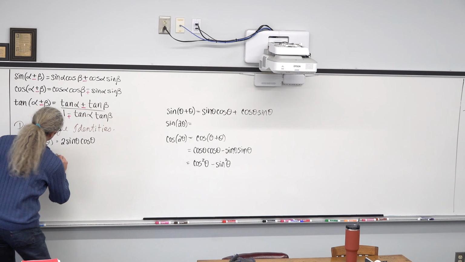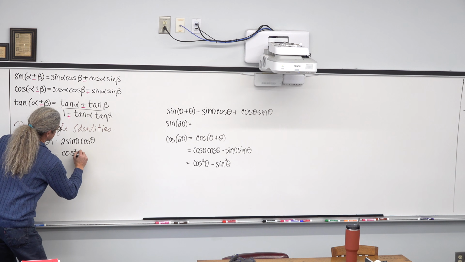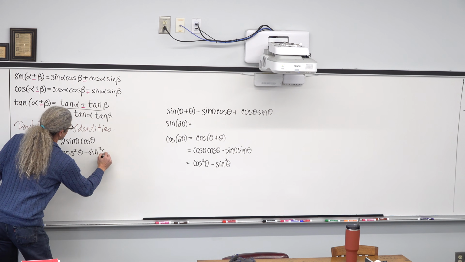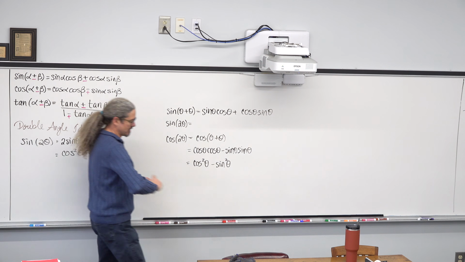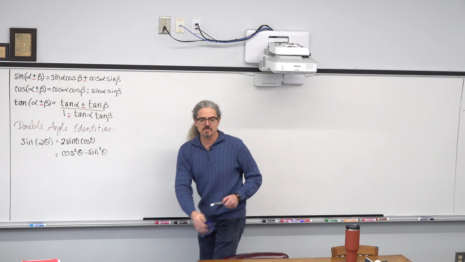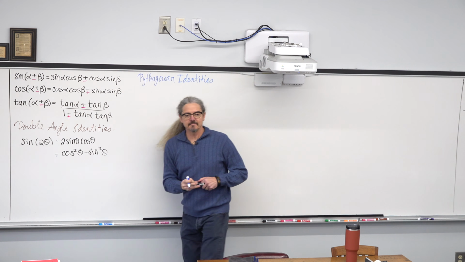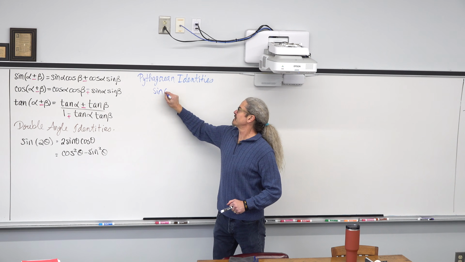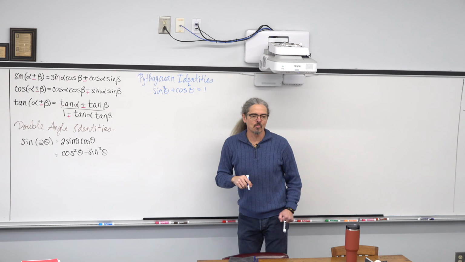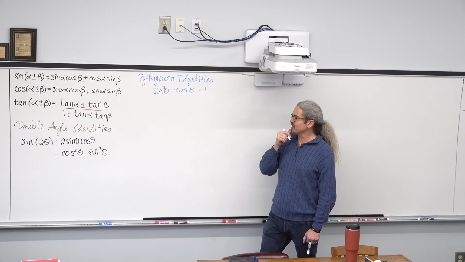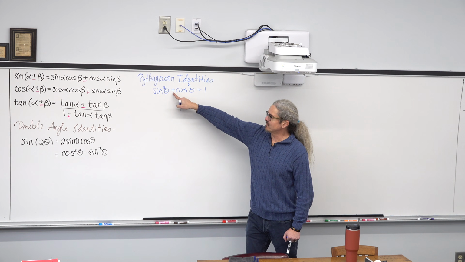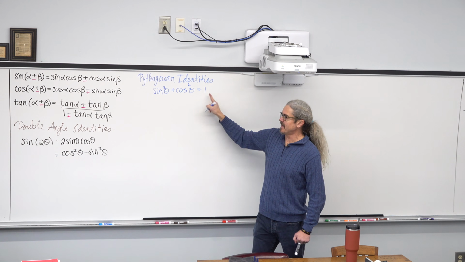And I'm pausing to say this and realizing the Pythagorean identities are not on the board. But we have another 3 formulas that we already know that's not up here, which are those Pythagorean identities. We've got sine of theta squared plus cosine of theta squared is equal to 1. And it's very, very common for students to think that if there's a minus sign here, that this comes out to be -1.